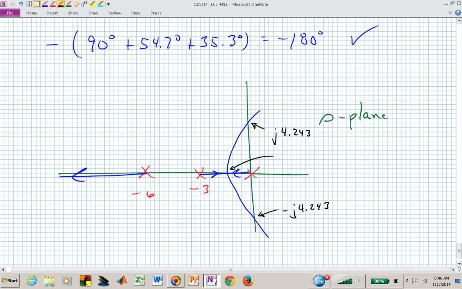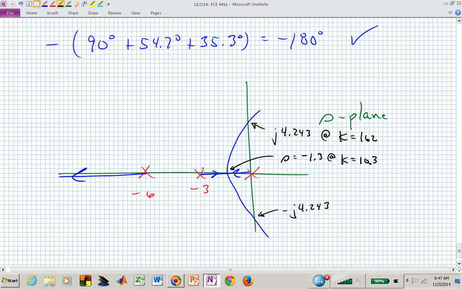And this point was s equal to minus 1.3. Is that clear? Now you can label the points, even if your sketch isn't that accurate, if somebody wanted to know. And you know the gain to get you to that crossing. This is at K equal to 162. This is at K equal to 10.3.